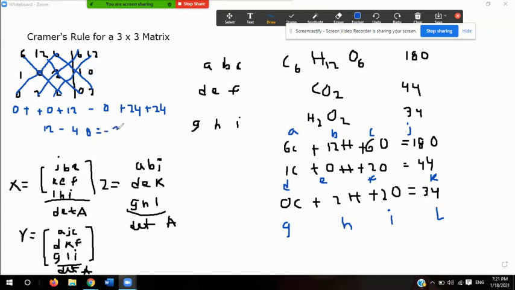Now that I have the determinant, all I need to do is plug in the numbers. So let's look for x, y, and z. I'm going to erase this.